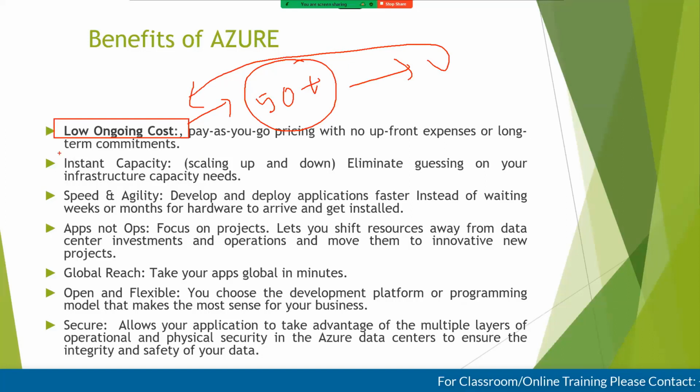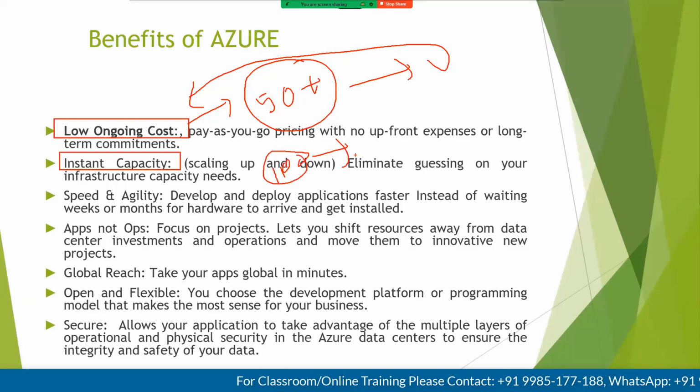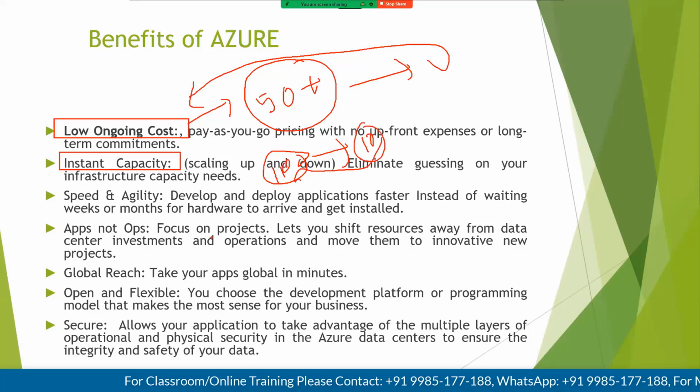Next, instant capacity. Instant capacity means you can scale up and scale down. For example, I have deployed 100 virtual machines. Tomorrow you would like to scale up, or add 10 more servers. Yes, you can directly host them.